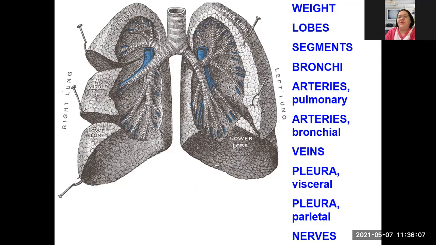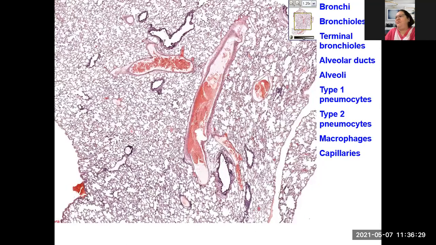So your visceral pleura will be adherent to the lung, and the parietal pleura will be closer to your thorax. And then of course, you have your bronchi, your bronchioles, your terminal bronchioles. You have your alveoli, type 1 pneumocytes, type 2 pneumocytes, your macrophages and your capillaries.